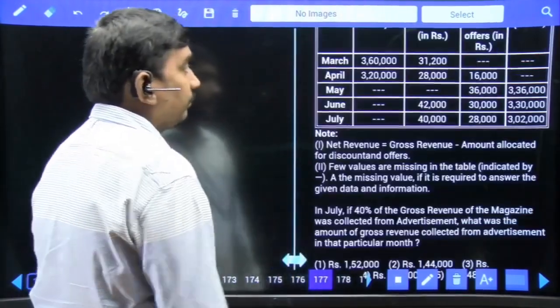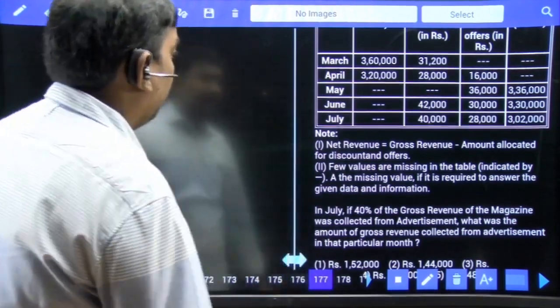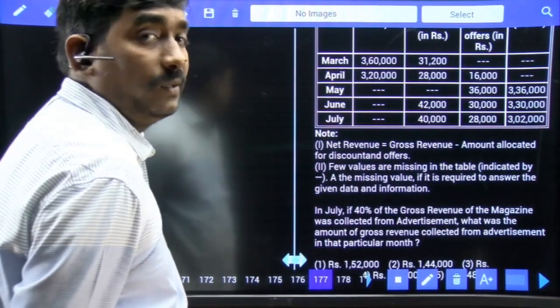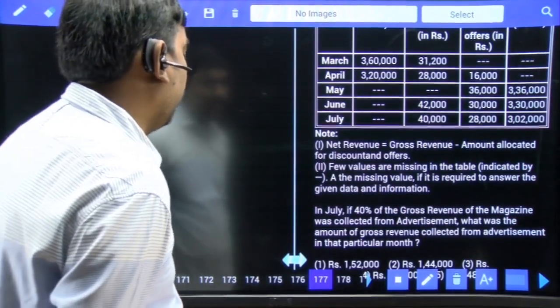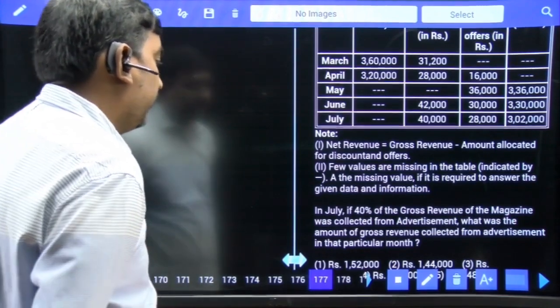Next, in July, if 40% of the gross revenue of the magazine was collected from advertisement, what was the amount of gross revenue collected from advertisement in that particular month?